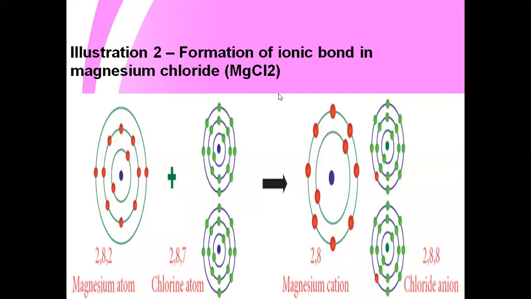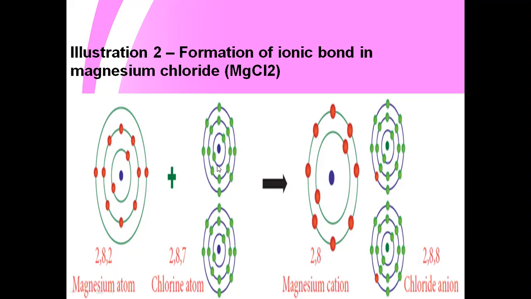The next one is chlorine. We have here 2 chlorine atoms, and the electronic configuration is 2, 8, 7. So the magnesium atom loses 2 electrons, and the 2 chlorine atoms gain those 2 electrons.